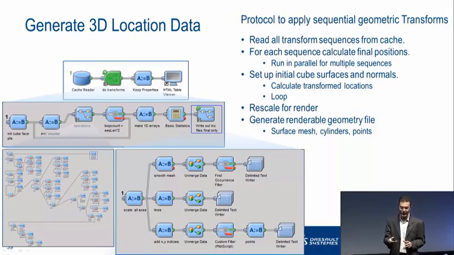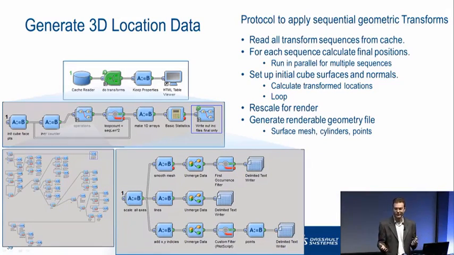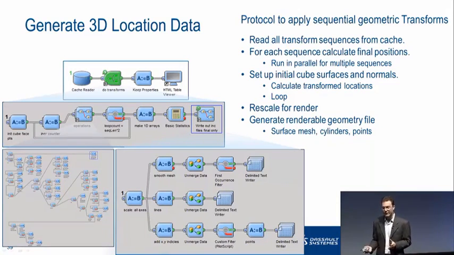So you go through that a bunch of times until you've exhausted the sequence, and then you need to come up with some sort of visualization of the final output, right? Just looking at it as an array of points is not very entertaining. So this final sub-protocol takes the data that we've generated and generates something that's actually renderable out of that. In this case, it sets it up for rendering with the persistence of vision ray tracing application.